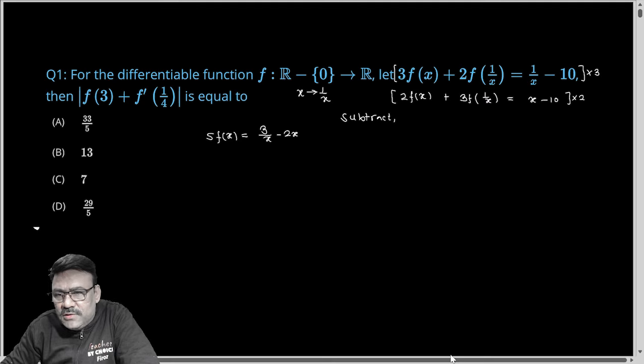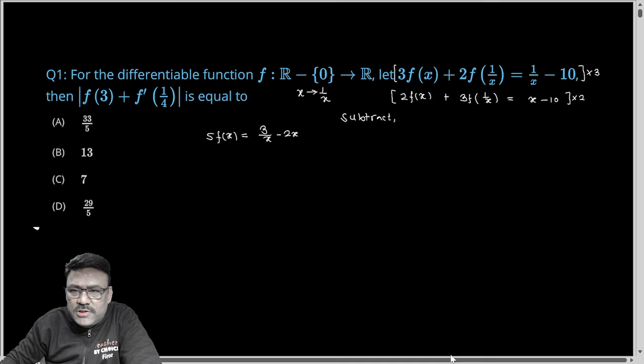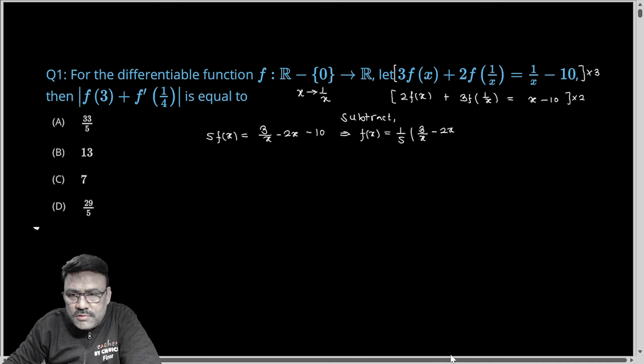Since you are subtracting, it is minus 30 plus 20. Minus 30 plus 20 is minus 10. This is 5f of x actually, so this will give you f(x). f(x) is 1 over 5 times (3 over x minus 2x minus 10).